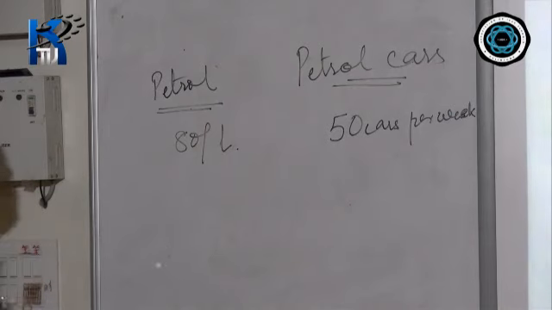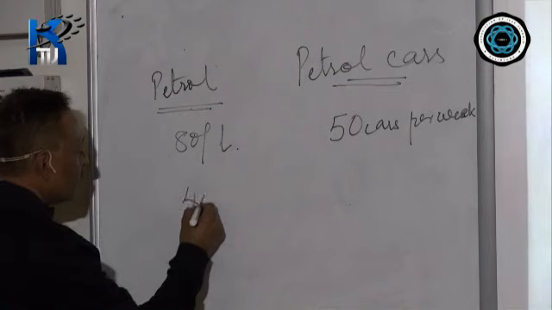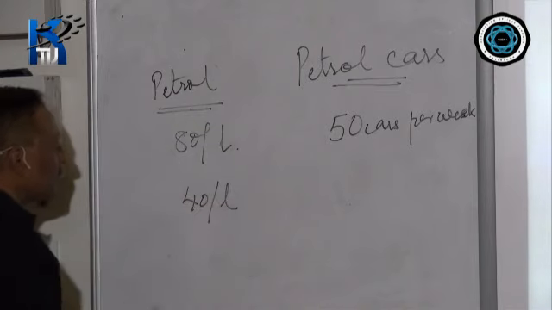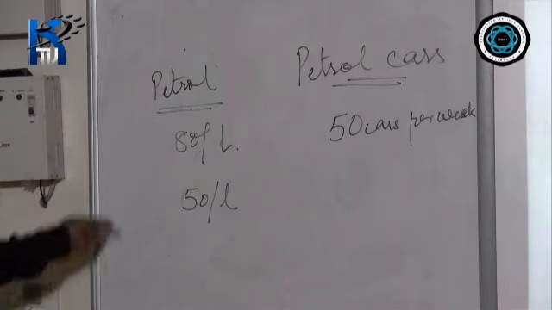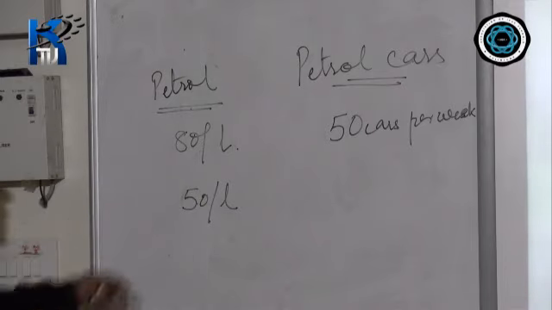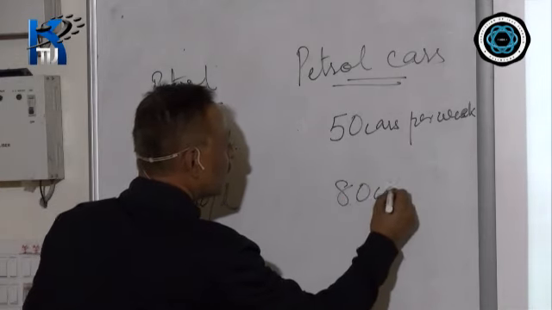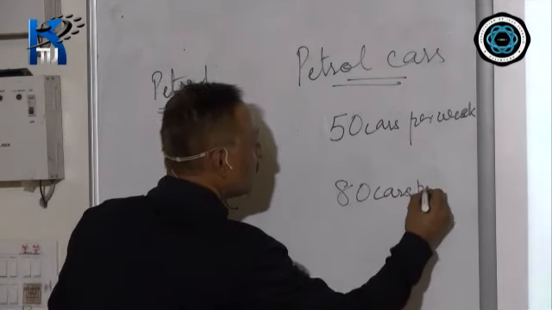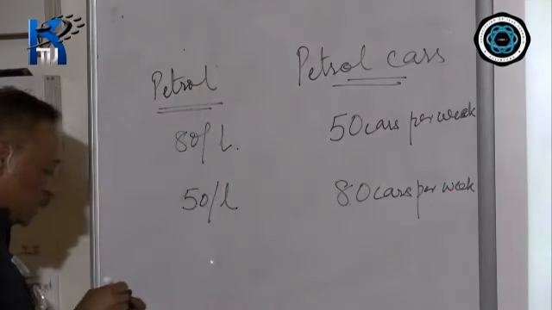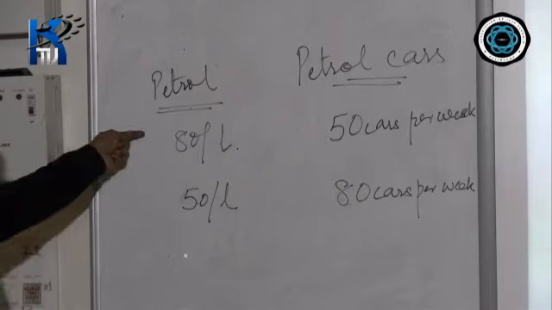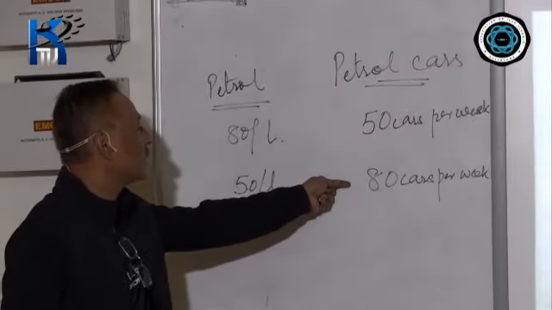Okay. If the price of petrol falls, now it is say 40 rupees per liter. That will be too less, let's make it 50 at least. What happens? When the price of petrol fell, the demand for petrol cars will increase to 80 cars per week. So, when the price of petrol falls, the demand for petrol cars increases.